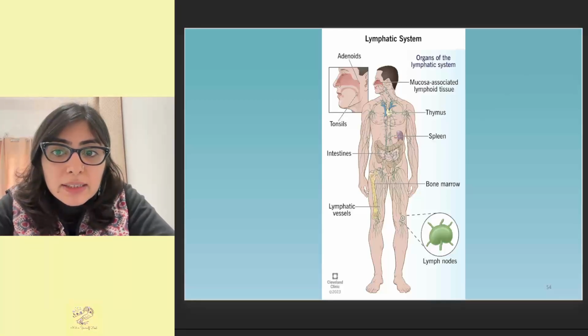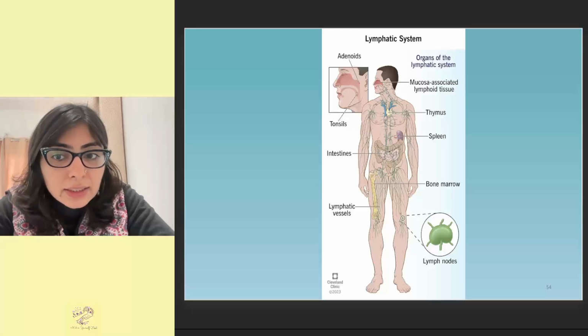So one part is tonsils, you can remember. Another you need to remember is thymus. Another part is spleen. One part is bone marrow, intestines, and these teeny tiny pipes called lymphatic vessels.